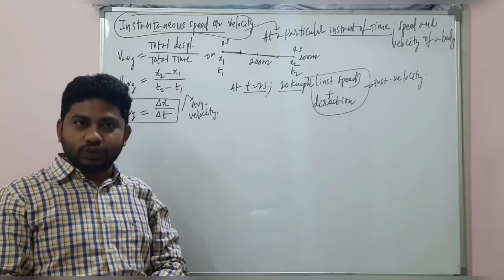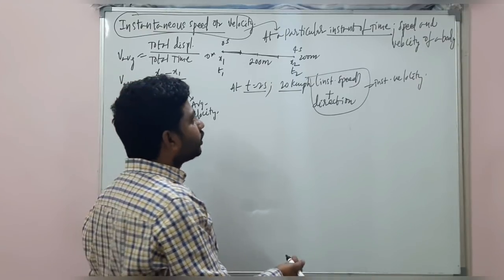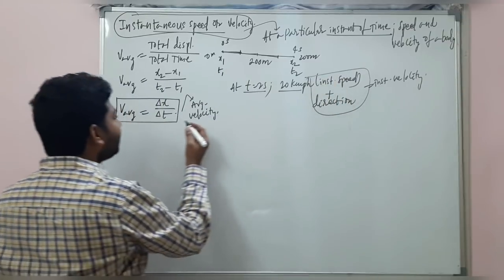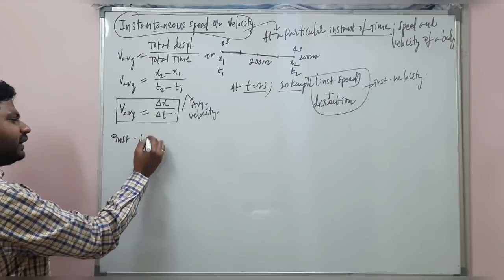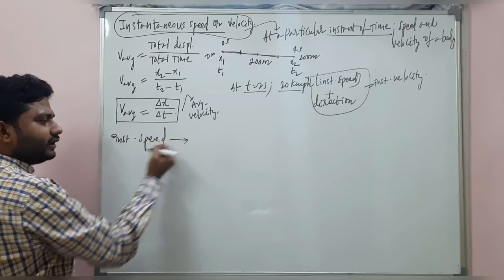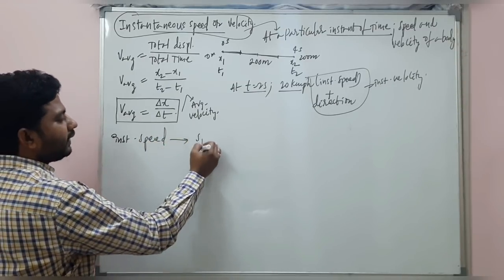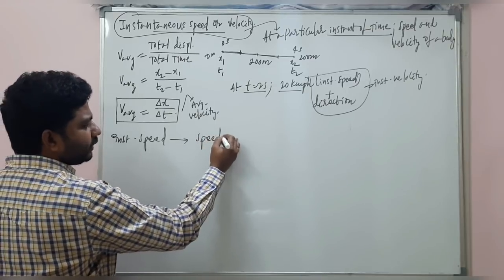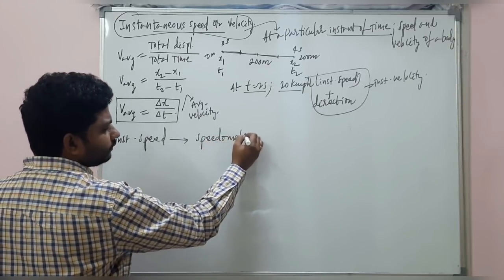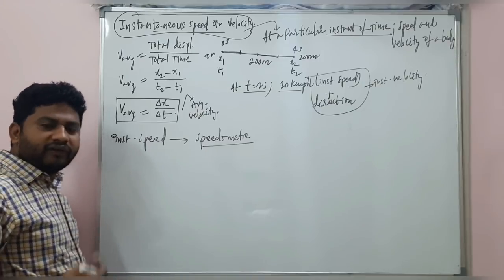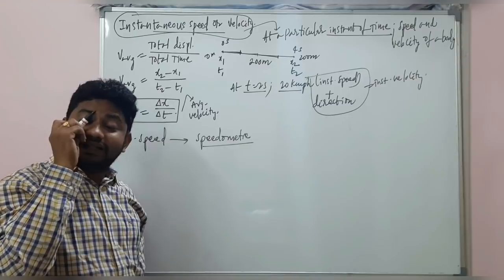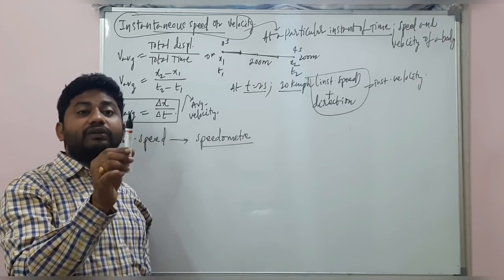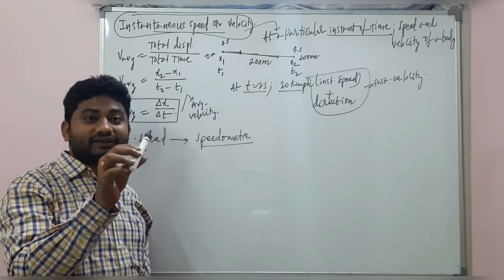Very importantly, you can find this instantaneous speed by using the speedometer in our vehicle. While moving in a vehicle, you can check the speedometer. Continuously, the reading will be increasing and decreasing.